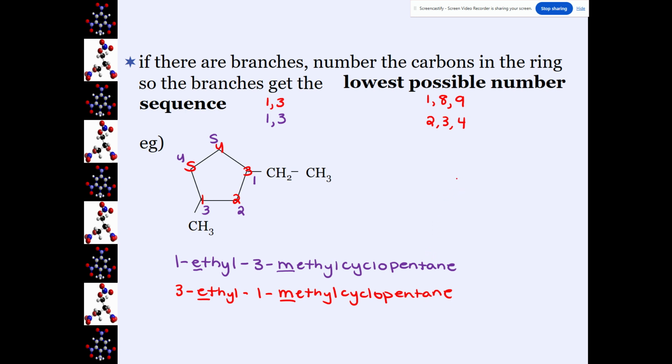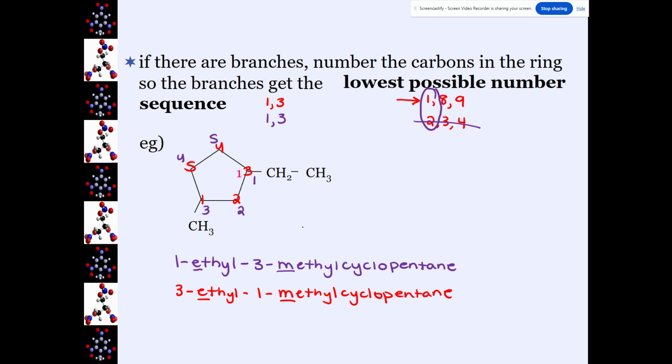A lot of students will mix this up. It's actually the first one. Because what a number sequence means is you're comparing them one digit at a time. So you look at the first digit. If you have a 1 versus 2, the 1 is less. Doesn't matter what the other numbers are. 1 is less, so you go with that one.